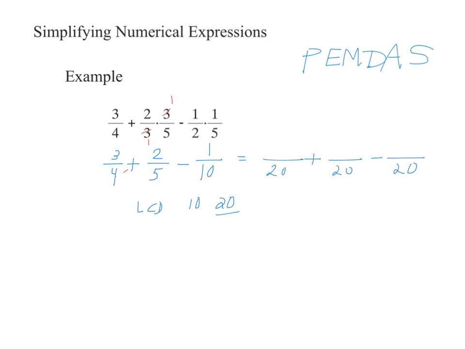For the first fraction, we'll multiply by 5, the second one by 4, and the last one by 2. When we put these all together, 15 plus 8 minus 2, I get 21/20.